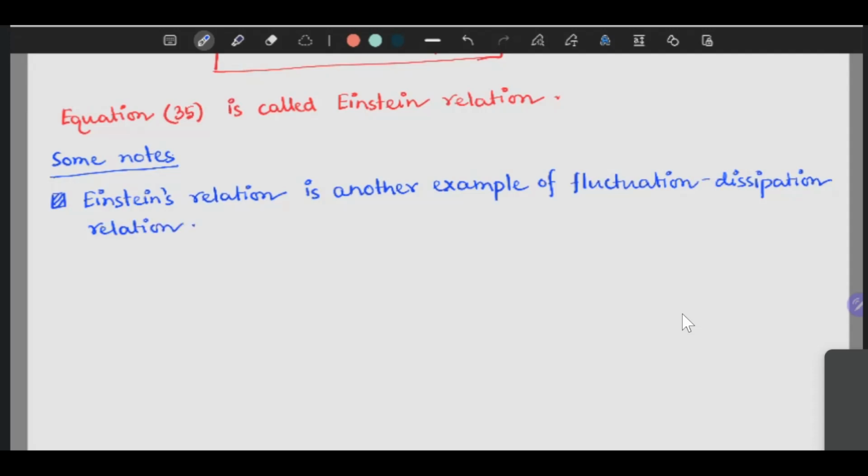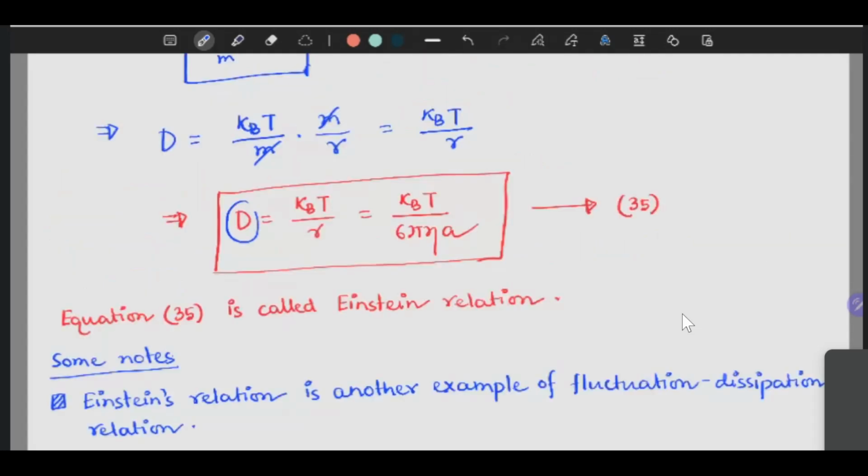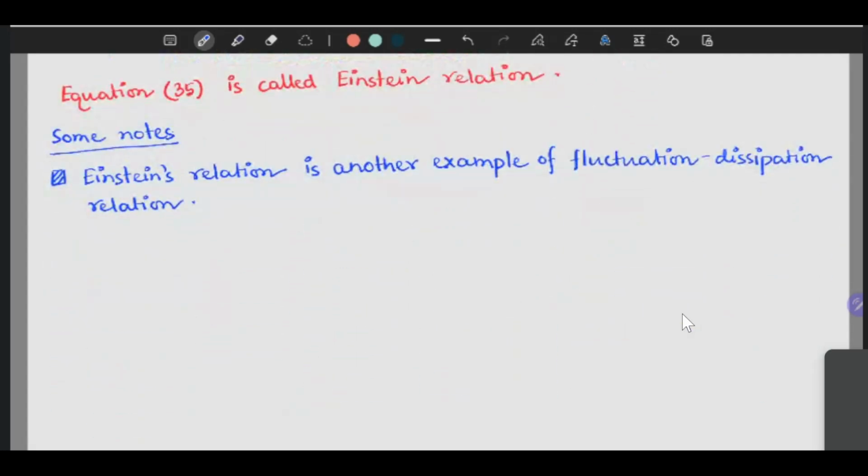So in what sense? Because D captures the fluctuation of the particle positions, right? Because it's changing its position, that's why it's diffusing.